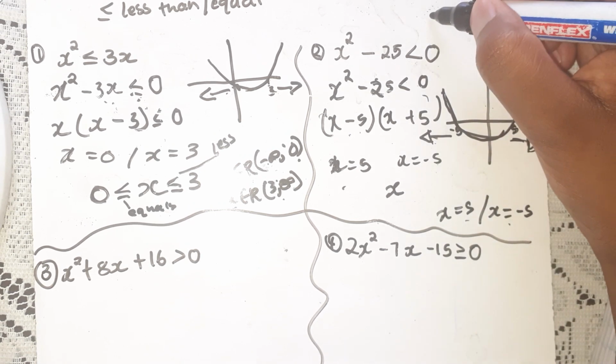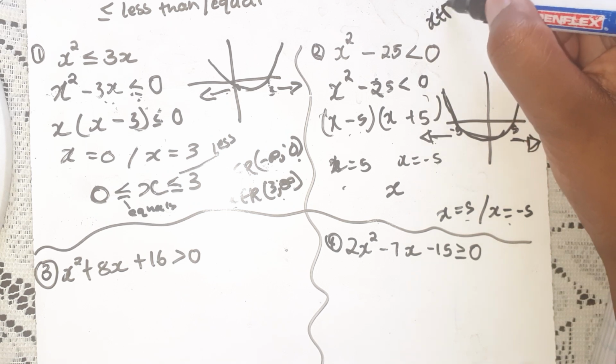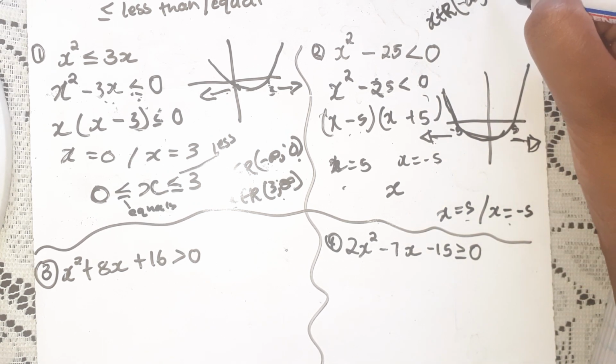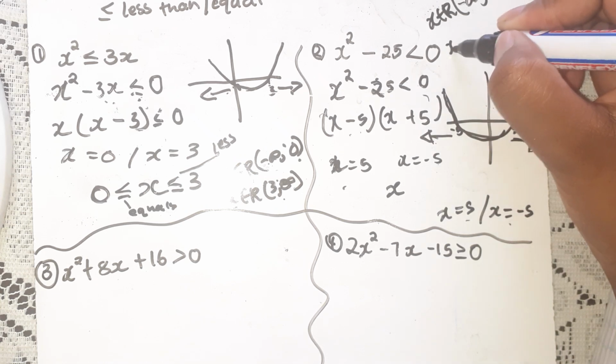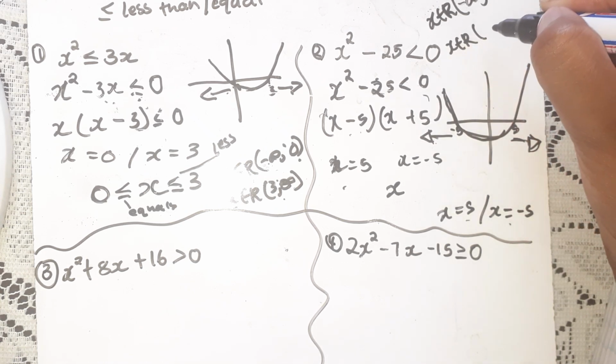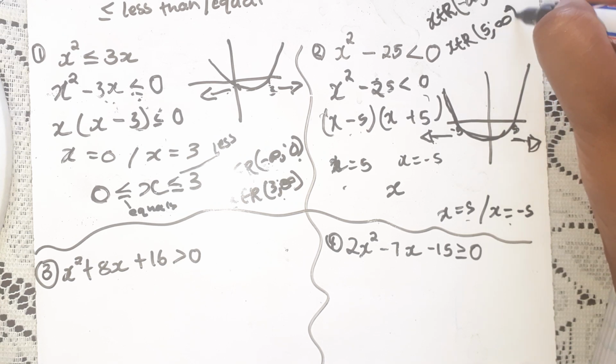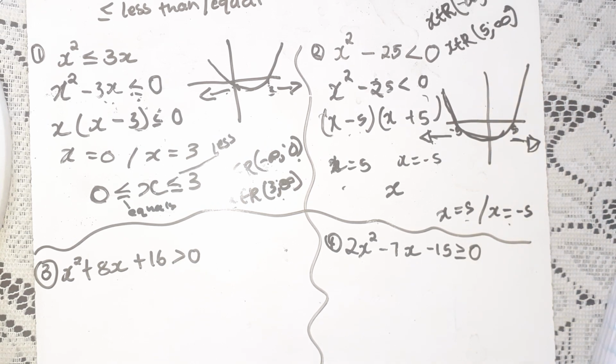So you can also say x is an element of a real number from -infinity to -5, or x is an element of a real number from 5 to +infinity.